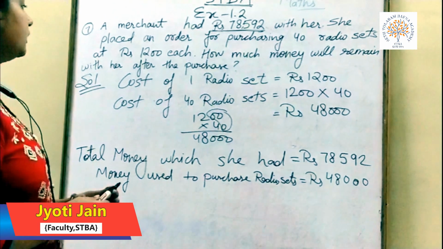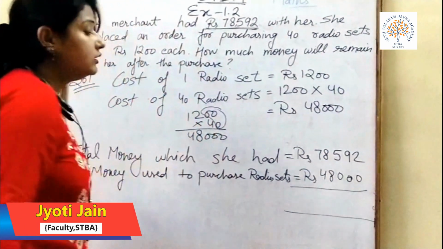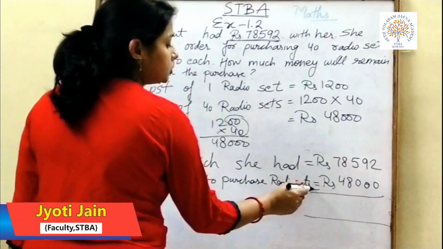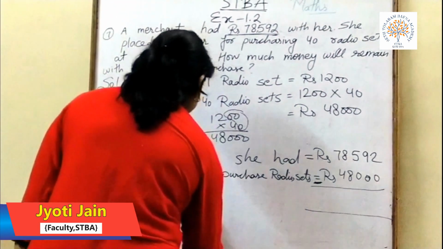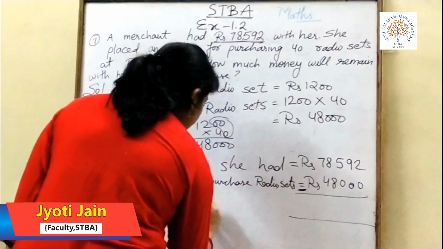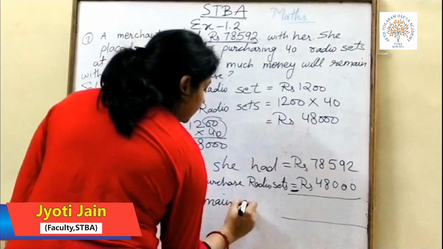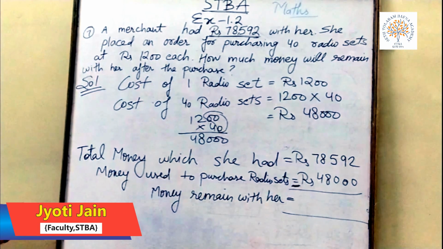So money remained with her after the purchase. So again this one is a subtraction based problem. So mark a subtraction sign here, and money remain with her. Okay, so subtract this.